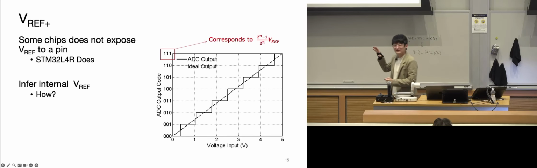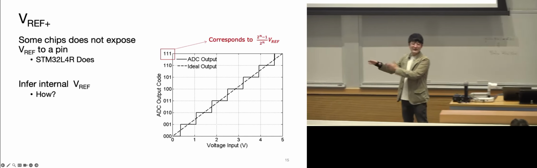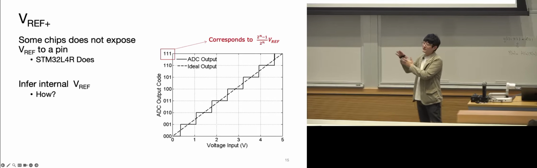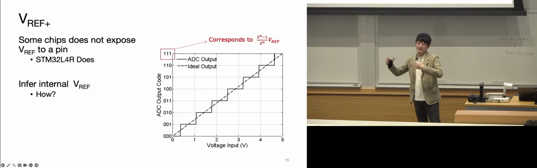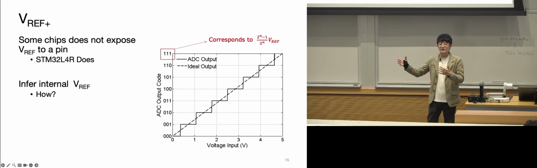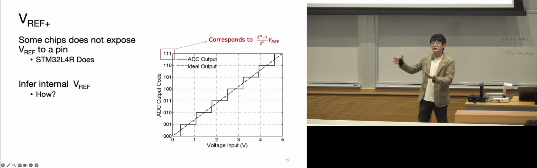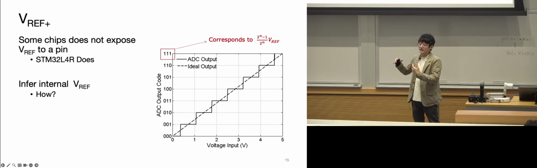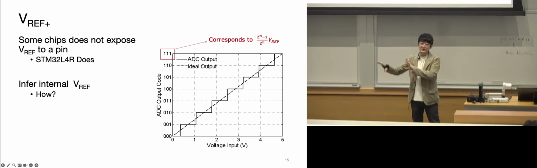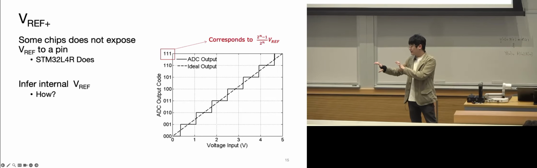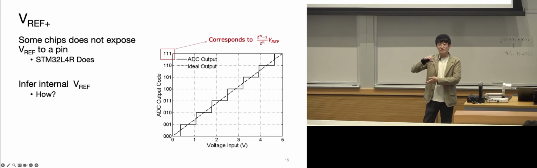For example, if you have an input signal that ranges from, say, 0 to 1 volt, one thing you could do is have a gain control on this input signal and amplify it to 0 to 3.